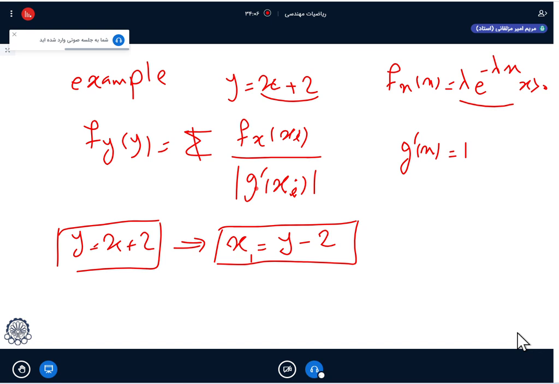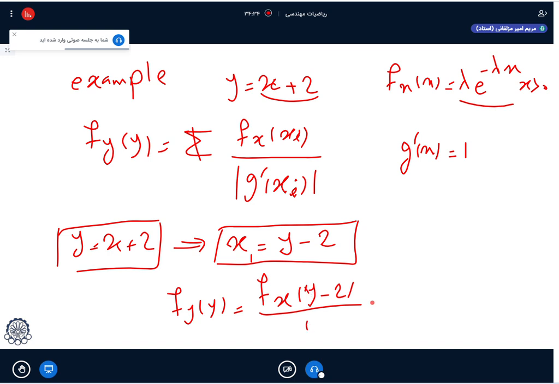So from this formula, we can write the PDF of y very simply and directly. We have this formula. f_X at x_i, it means that x_i here is x1, which is equal to this. Here we have the absolute value of g prime of x_i. g prime of x is equal to 1.